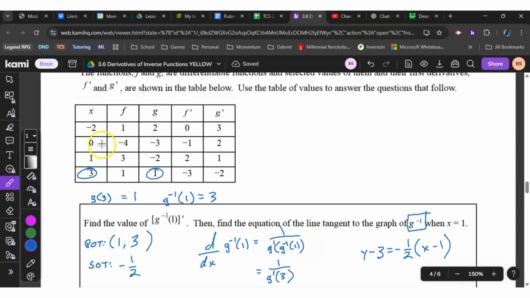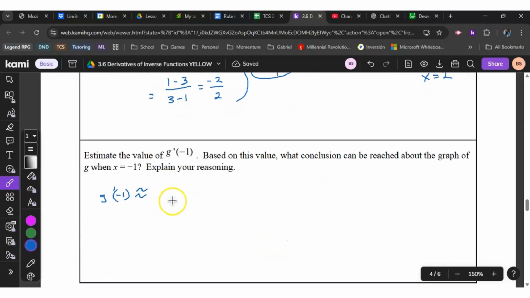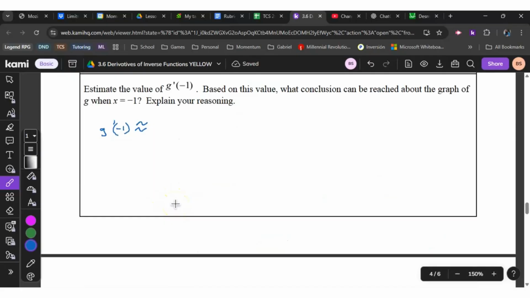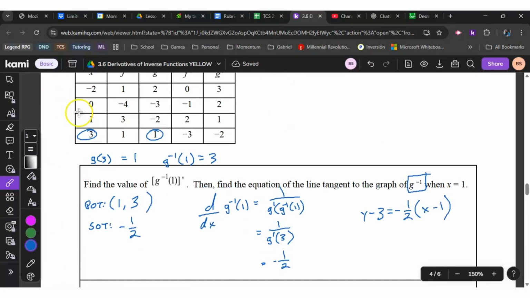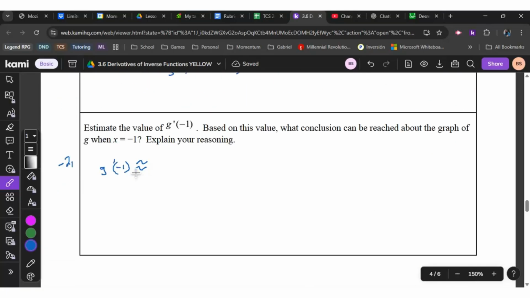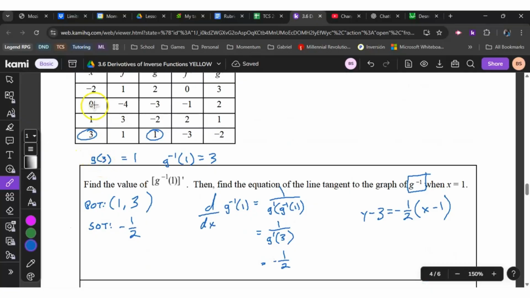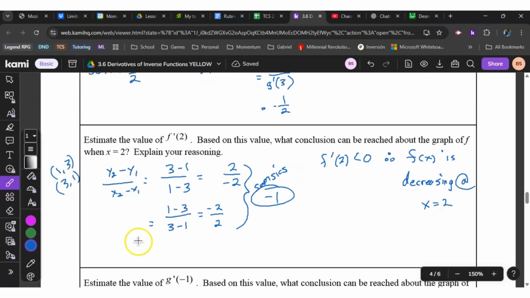So we get -2 and 2, and 0 and -3. I like to write out the points because it's easier.